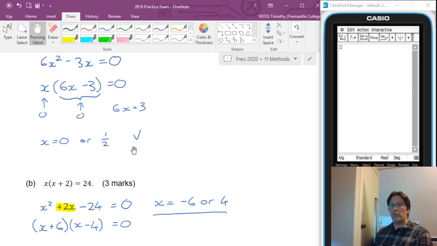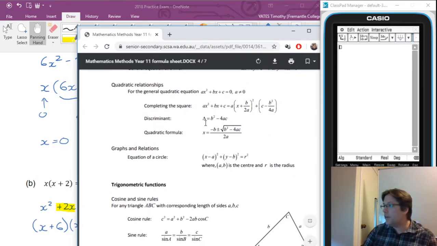We could have also used the quadratic formula if you got yourself completely stuck, and it's totally fine to get completely stuck. Here we've got the quadratic formula. We can use it at any time if we just want to throw the numbers in there and work out what the answers for x should be.